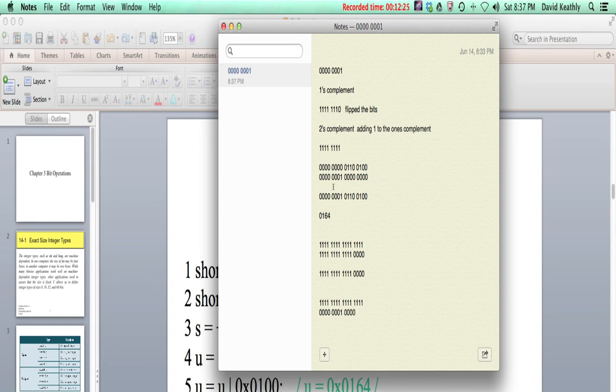And then 0, 0, 0, 0. So everywhere there's zeros, there's no change. The next block, there's no change for the first 3. But now we have a 1 and a 1, so it's going to turn that one off. And then the rest of them are no change. So we turned that 1 off because it was currently on, by putting a 1 in the mask that said if it's on, turn it off. Okay. So that's what we accomplished there.